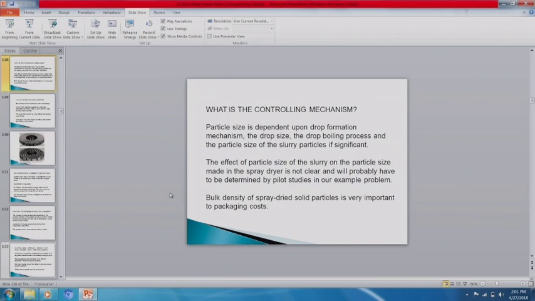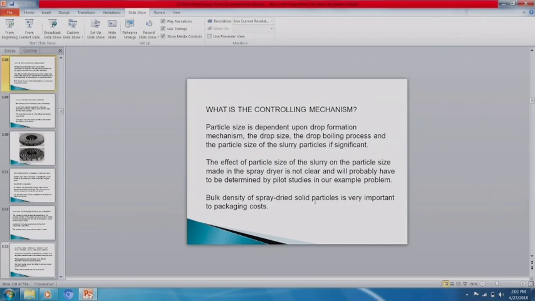What's the controlling mechanism? Well, drop size depends upon the drop formation mechanism, drop boiling process, and particle size of the slurry if significant. The effect of particle size in the slurry and particle size made in the spray dryer is not clear, and will probably have to be determined by piloting studies for our example.